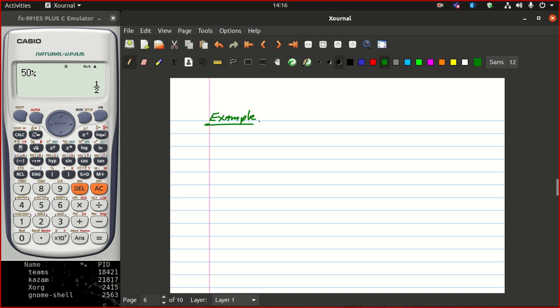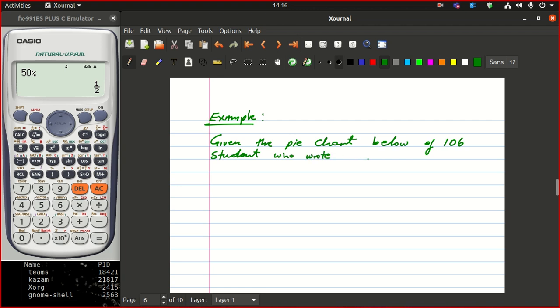This example is saying, given the pie chart below of 106 students, we have a pie chart of 106 students who wrote the business calculations test.